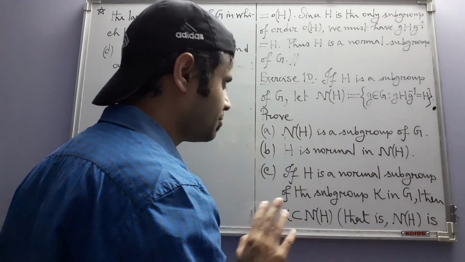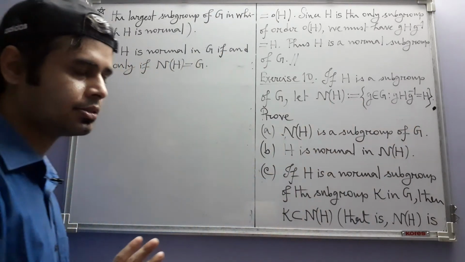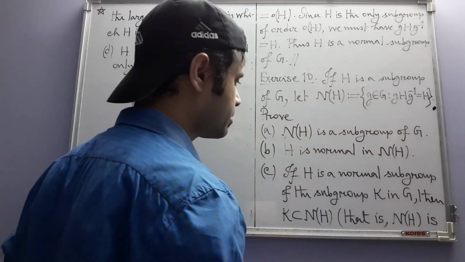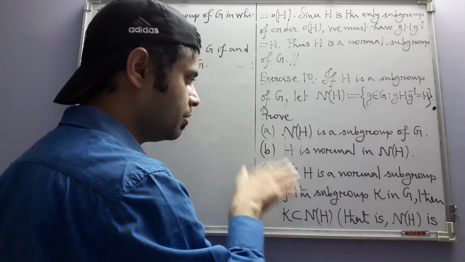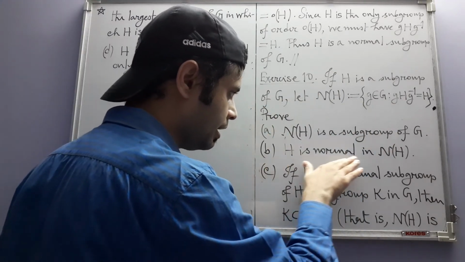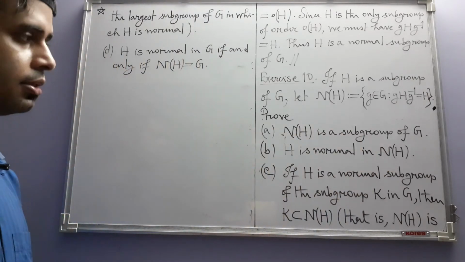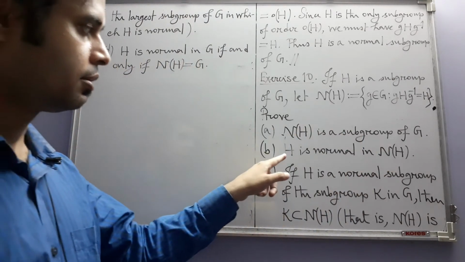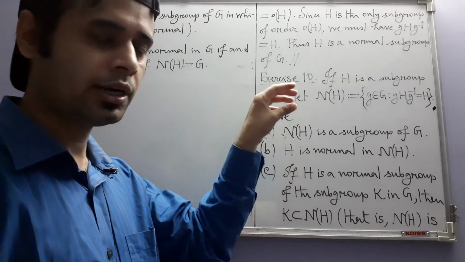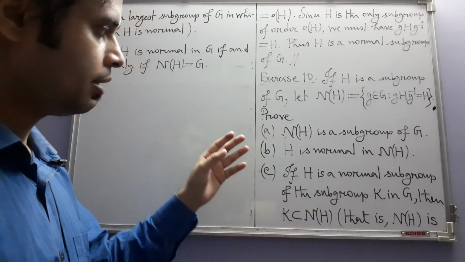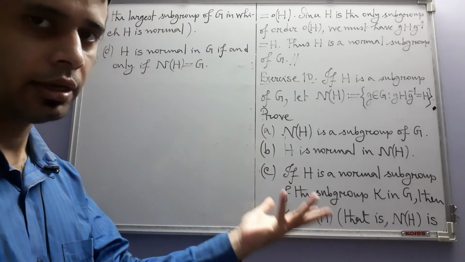N(H) is a subgroup of G. We have understood what N(H) is. Now, after proving that it's a subgroup of G, we will then next have to prove that H is normal in N(H). This in particular requires us to show that H is actually a subgroup of N(H), and in fact it is normal in N(H).